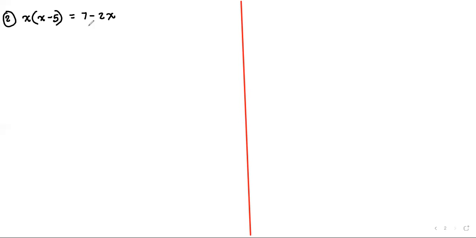Now, when we have an equation like this, it's not easy for us to know what is A, what is B, and what is C. And if we don't have A, B, and C, then we cannot use our formula to get the solutions to our equation. So what do we do then?